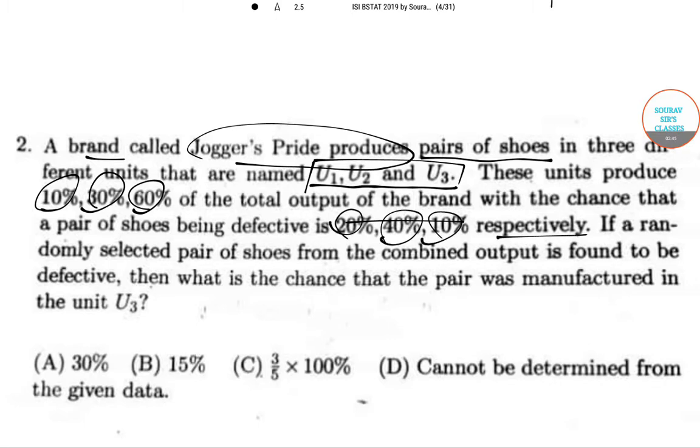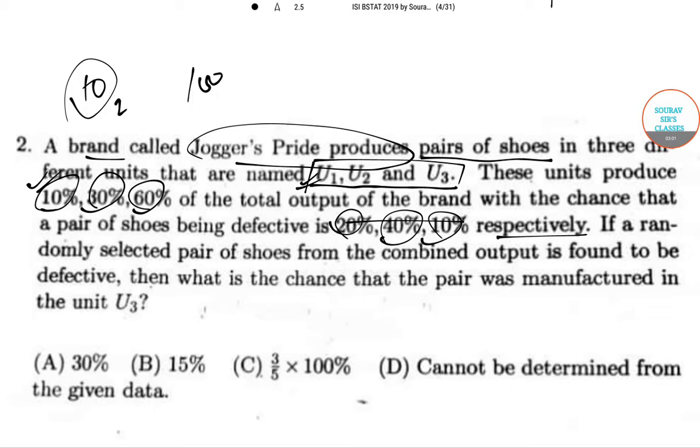What it means is that in the first unit, U1, 10% of the shoes are produced. Suppose 100 shoes are produced, then 10 shoes are produced in unit 1, and out of those 10 shoes, 20% are found to be defective, that means 2.